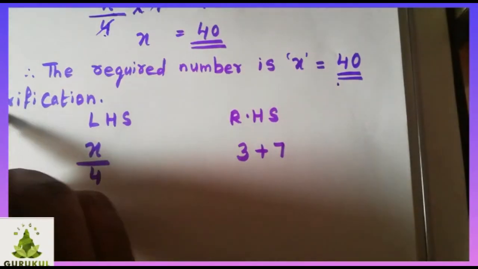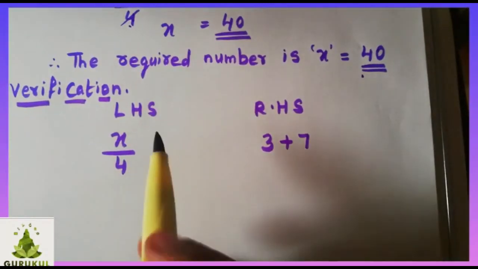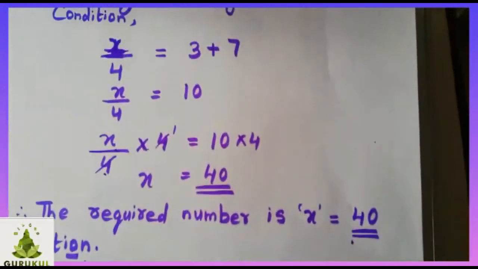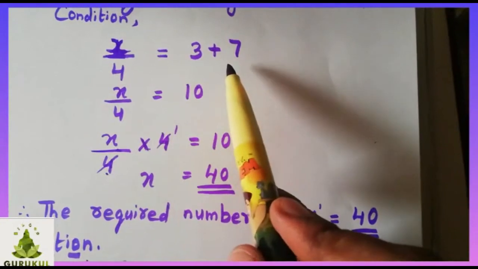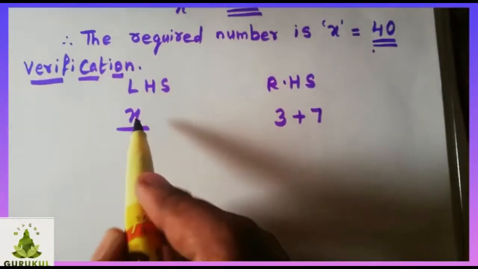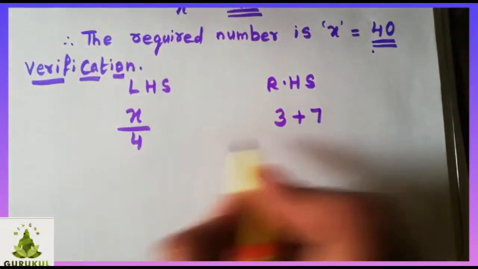Now let's verify. We will cross check whether it is correct or not. How to cross check it? Let's take the LHS and RHS of the equation. The equation is x upon 4 is equals to 3 plus 7. This is the LHS, this is the RHS. We will put the value of x in the LHS and find whether it is equal to the RHS.